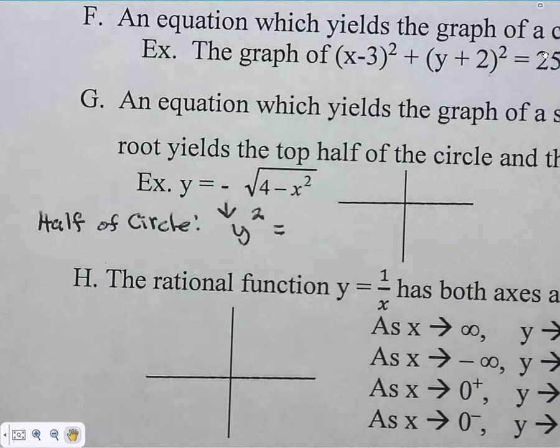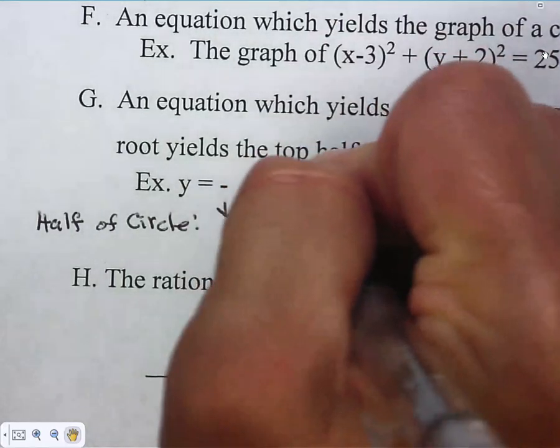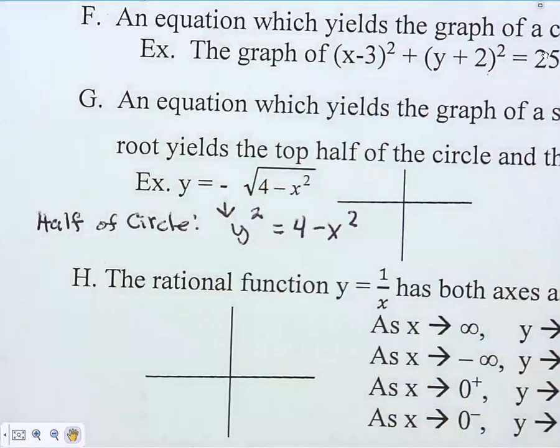What happens when you square a negative? You get a positive. What happens when I square the square root of 4 minus x squared? The square and the square root undo each other. So I have that.